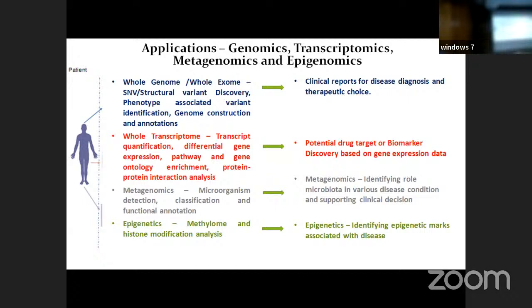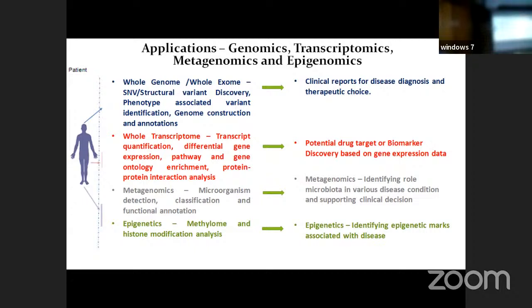I'll tell you the process workflow in future slides, but if you give your exome, or your whole exome or whole genome sequencing data, you can find out the differences with respect to the reference genome. There are well-established databases with known phenotypes, like whether you have any cancer-susceptible mutation, or any genetic disease mutation like thalassemia, any kind of diseases.